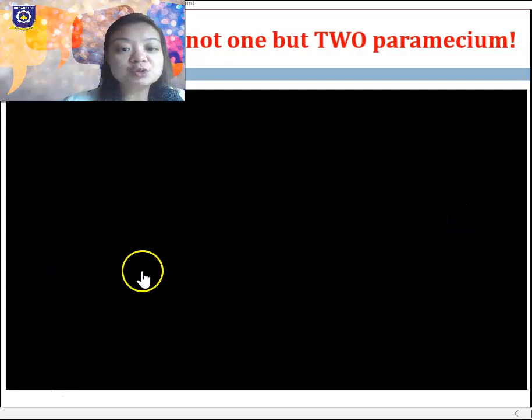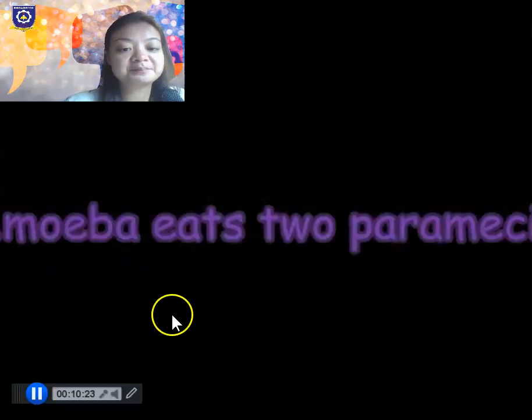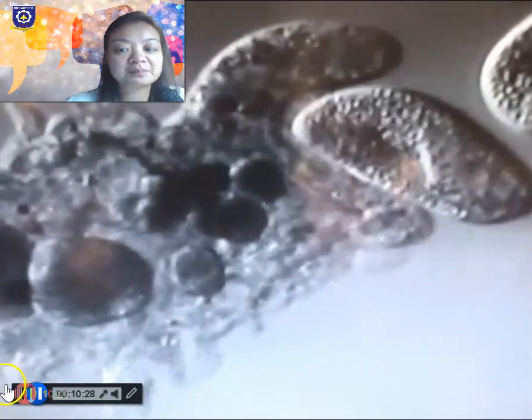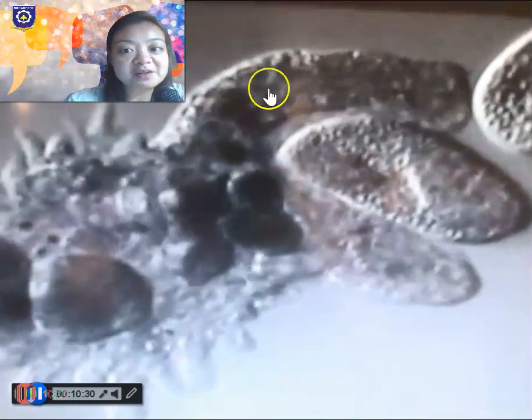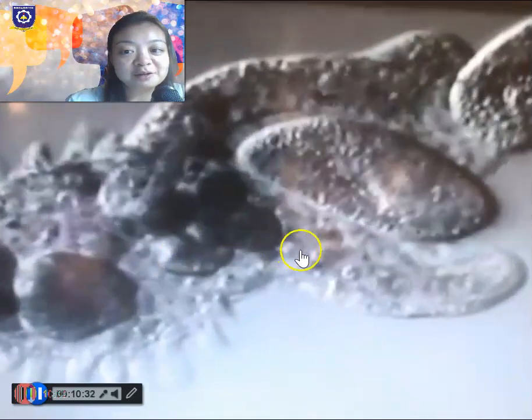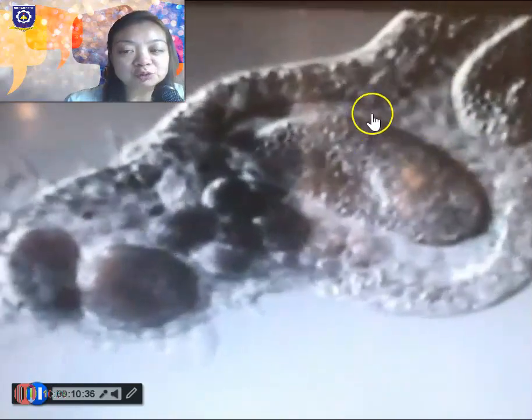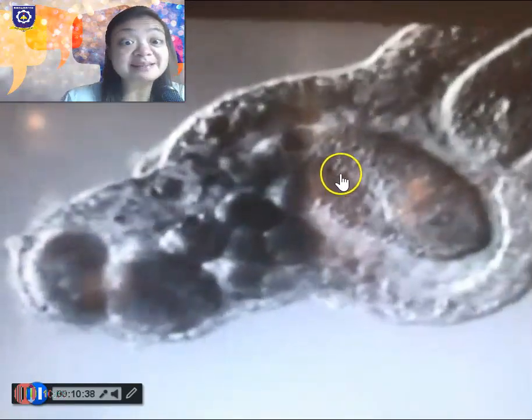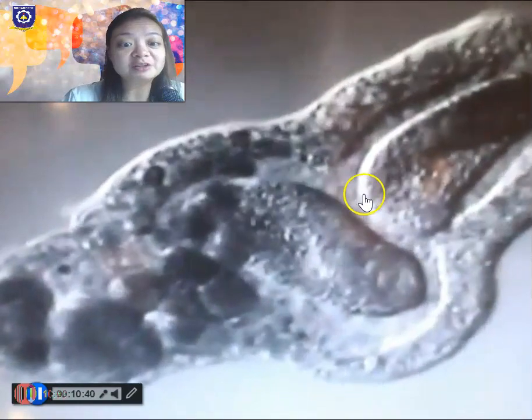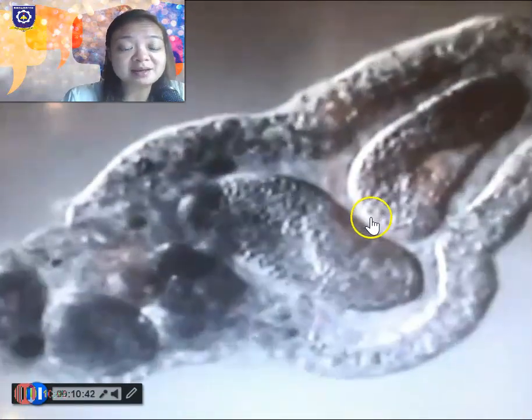Okay, I just want to show you this very simple recording. So you can see over here, look at the amoeba actually wrapping itself around two parameciums. It's actually eating it. So this is how the amoeba actually eats its prey.